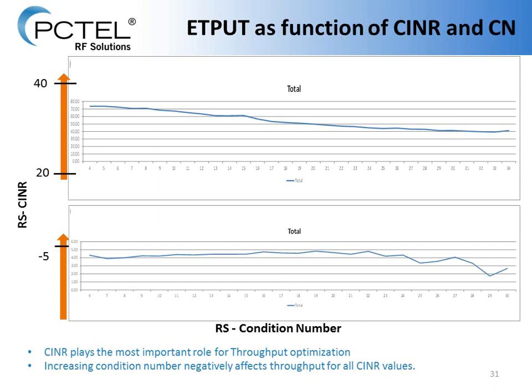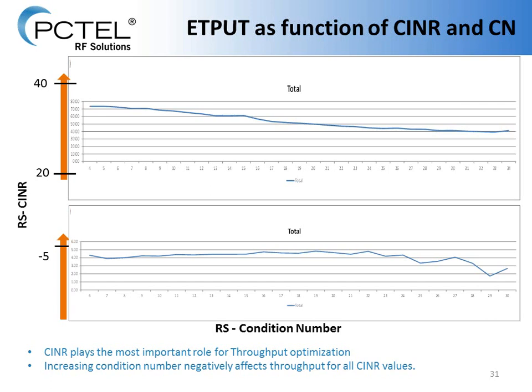So on the next slide, what we're looking at here is the effect of throughput as a function of CINR and condition number. So on the upper chart, as you remember, as I said before, when your CINR gets above 20 dB, you saturate your MIMO gain.